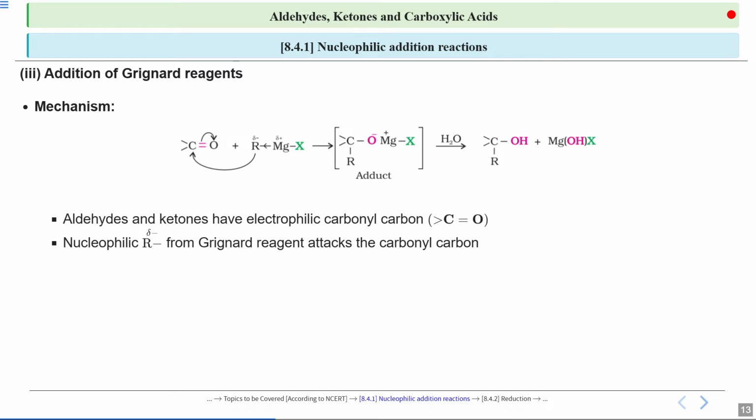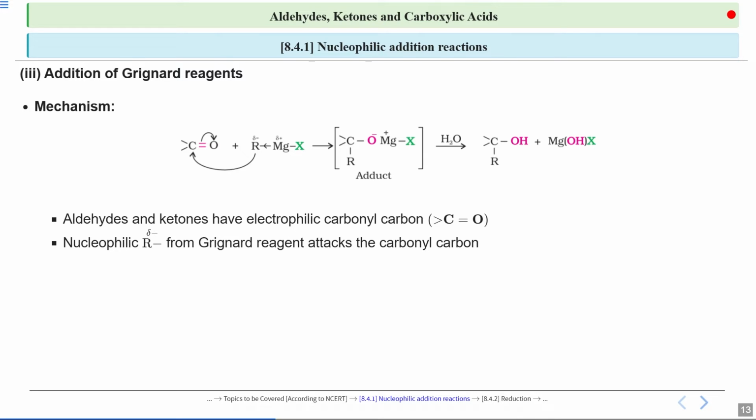Now the Grignard reagent has the form RMgX. So the bond is polar, and it reacts like a carbanion, a strong nucleophile, and MgX acts as an electrophile. So when the Grignard reagent, which has a negatively charged carbon, approaches the carbonyl carbon, it attacks that carbonyl carbon.